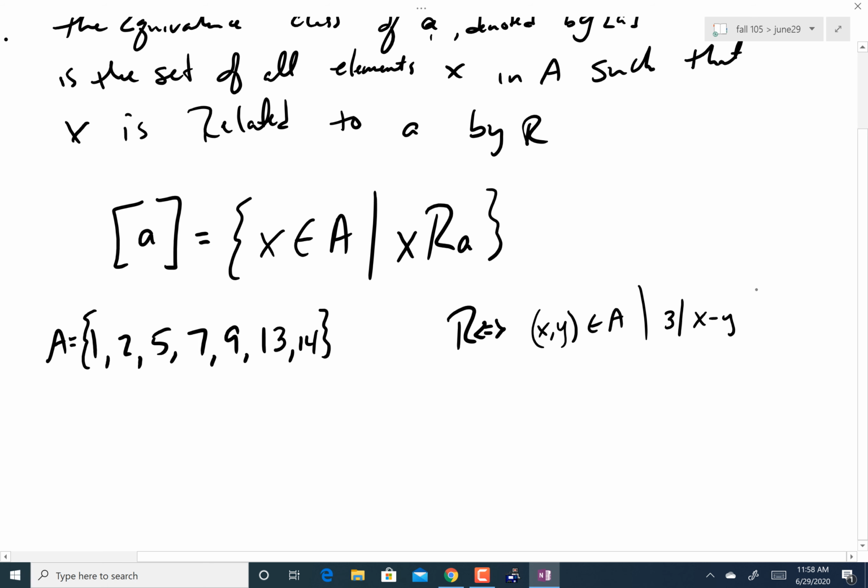Sure, let's do that. That sounds like a good one. So that's what R is. What we need is the values of these where this forms an equivalence class. So let's look at them here for a minute.